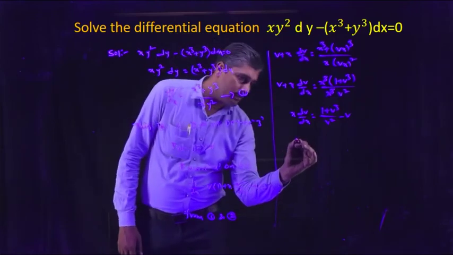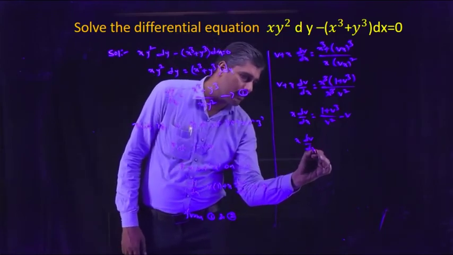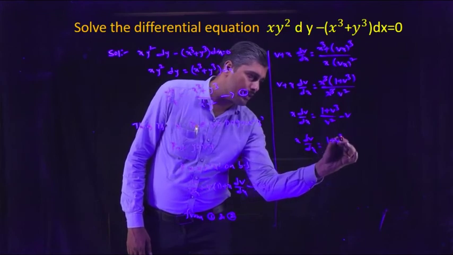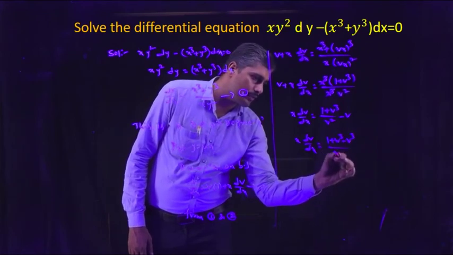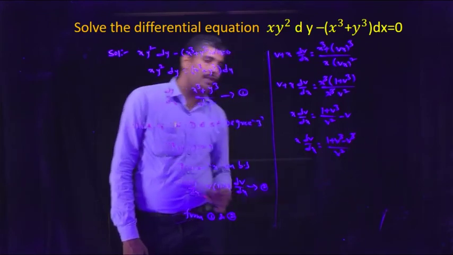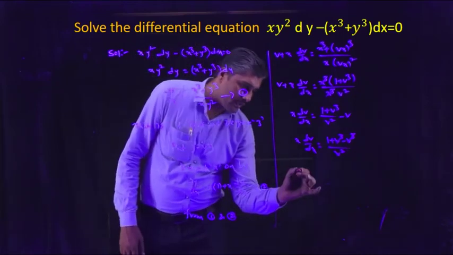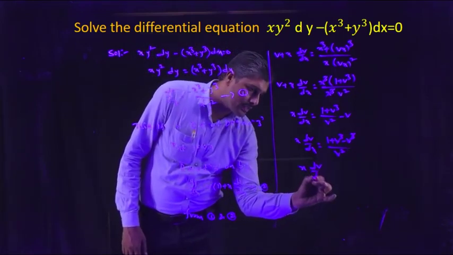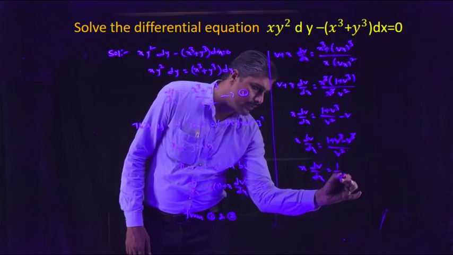Take LCM, x into dv by dx equal to 1 plus v cube minus v cube by v square. Here v cube cancels. Therefore, x into dv by dx equal to 1 by v square.